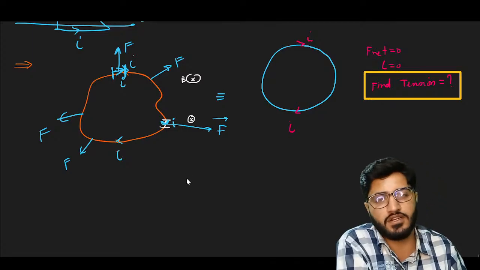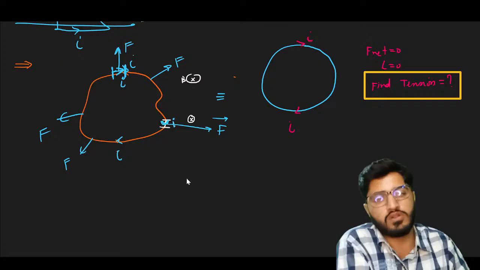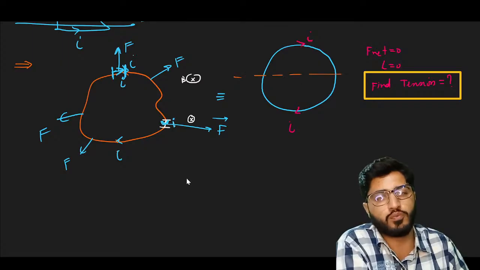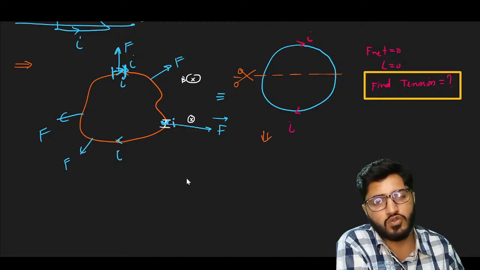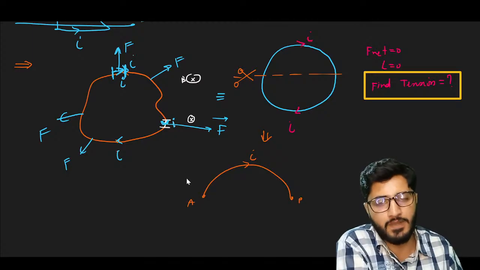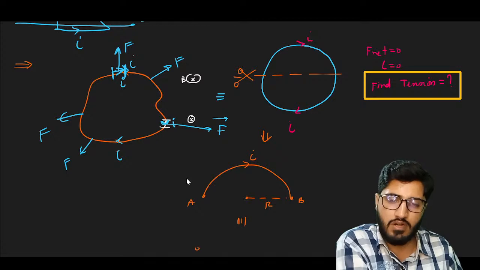Sir, how to find tension now? Let us just cut the whole thing into two parts. If we cut it into two parts, we will get this loop only. Current I is flowing. A point, B point. If the radius is R, so I can write it in this way.